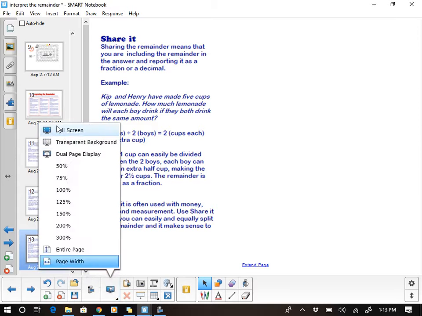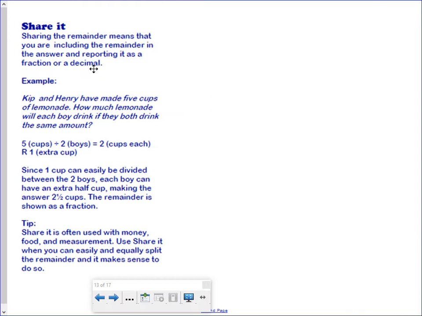The last option is to share it. That means that you include the remainder as part of your answer, sometimes a fraction, sometimes a decimal, or sometimes just a whole another word. Kip and Henry have made 5 cups of lemonade. How much lemonade will each boy drink if they both drink the same amount?